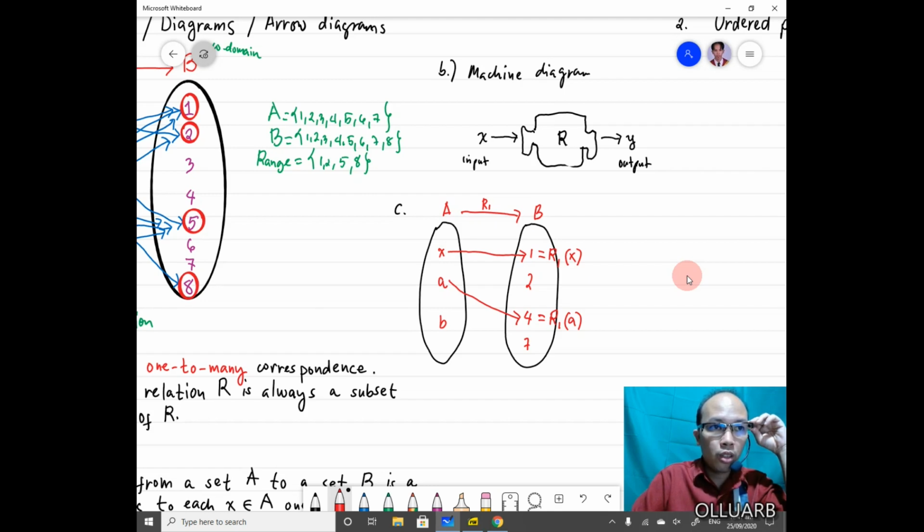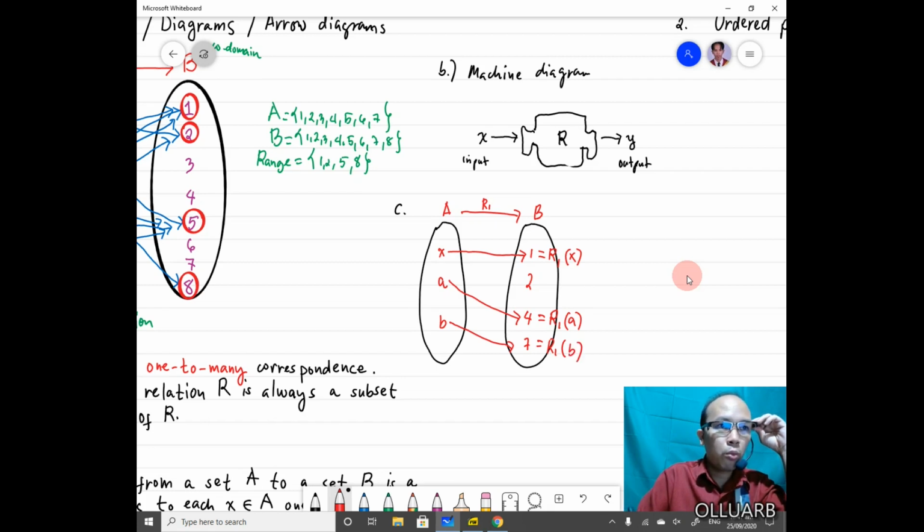So if you are given an example like this, then this means that your A is mapped to 4 using the machine R sub 1. So for B, this is R sub 1 of B.